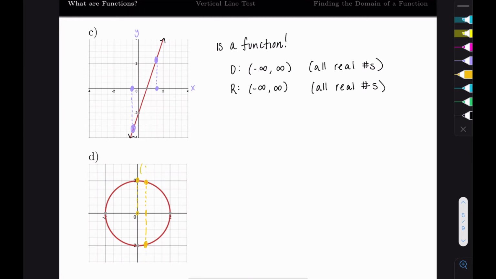You have one point here that's (0, 2). But then you also have another point down here, which is (0, -2). So these x values have 2 corresponding y values. So because of that, this is not a function.